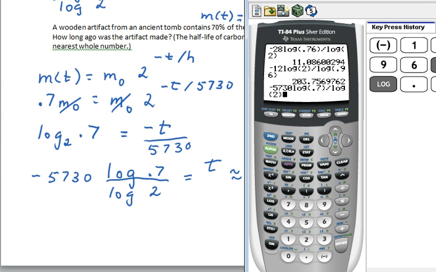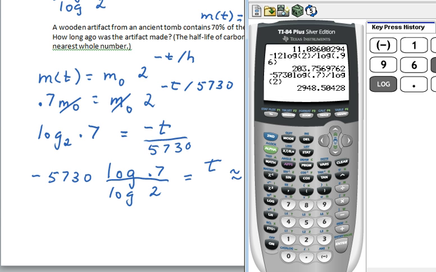Close the parentheses, hit enter. And so we're getting that the value of t is approximately 2,949 years.